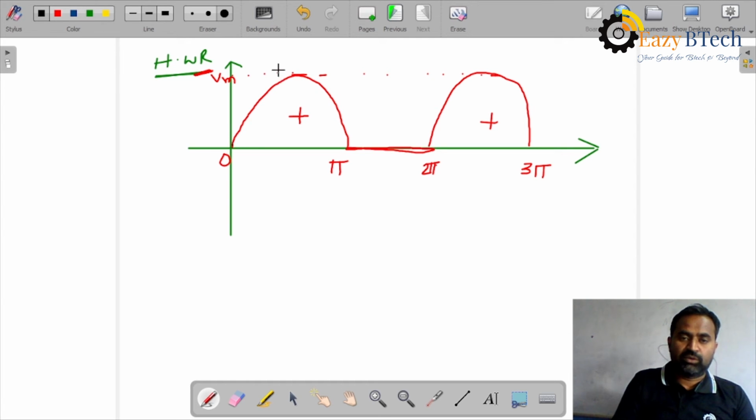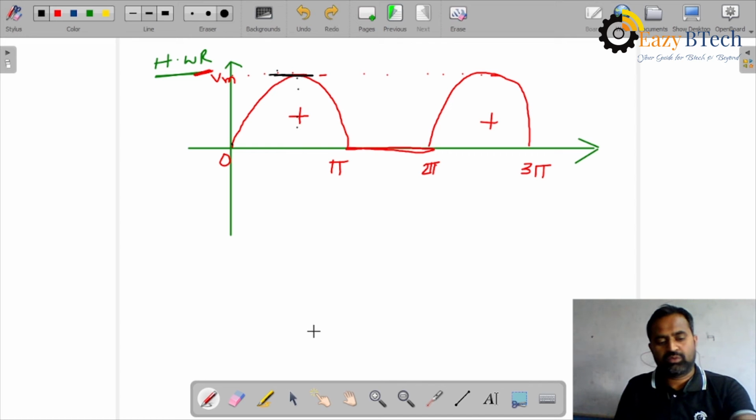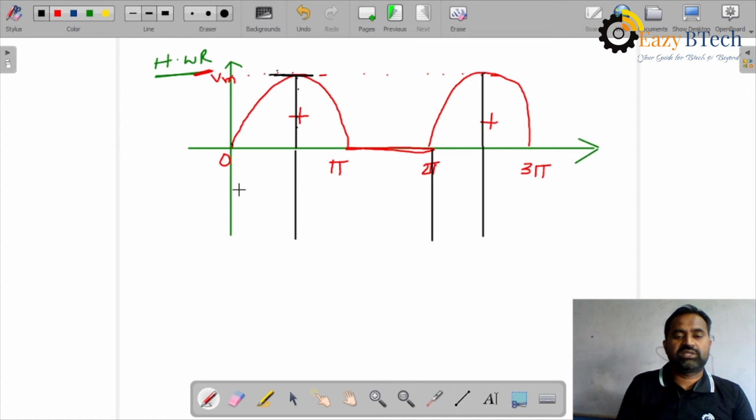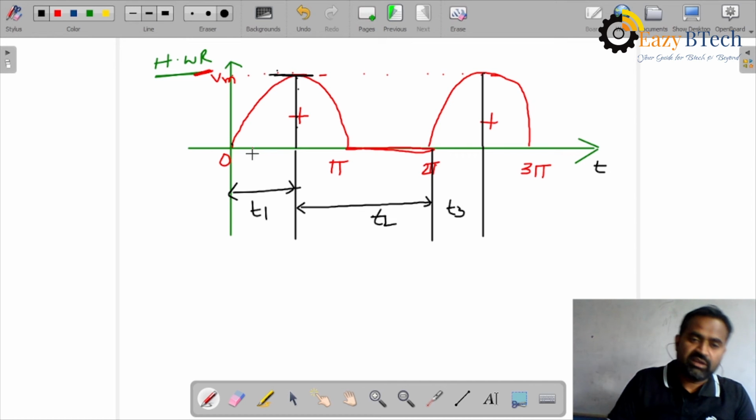Up to this portion we assume this time interval, represented as 0 to T1, T2, and T3. Now you can see this time interval.